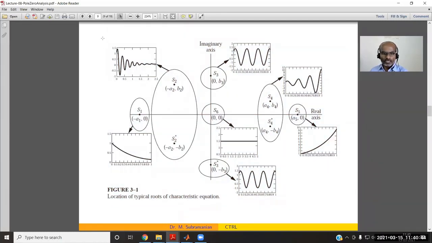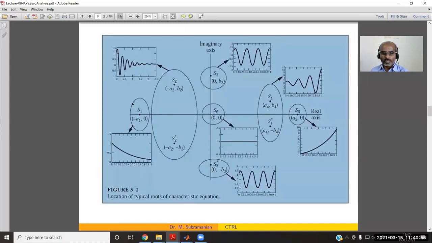And if you plot this response, the response will be a decaying output for a real number.